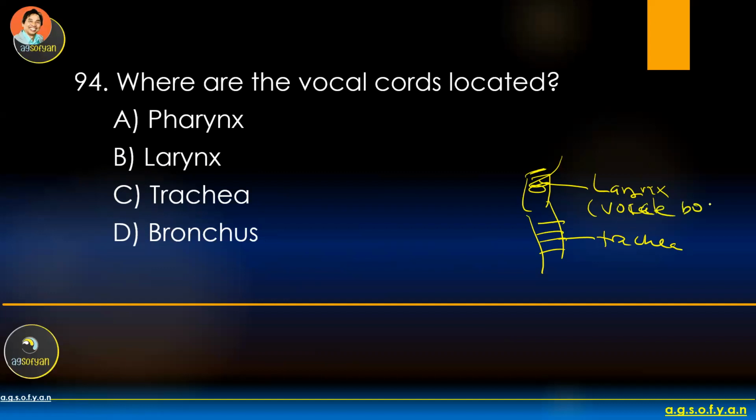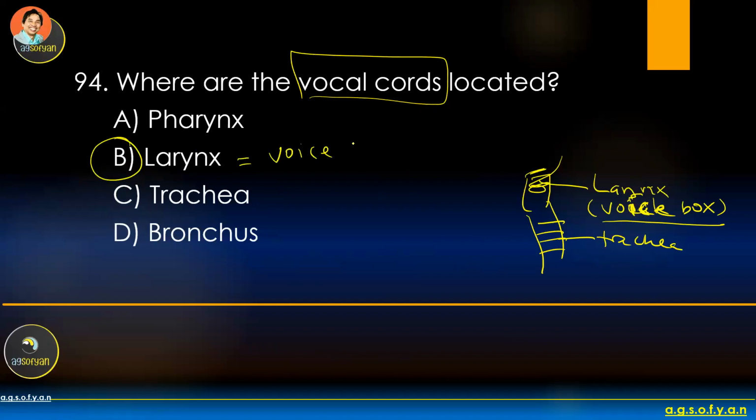Voice box is another name for larynx because this structure produces voice. So it has the voice cords, or vocal cords. This vocal cord is located in the larynx, or the voice box.